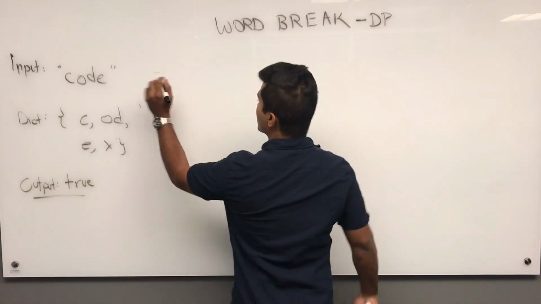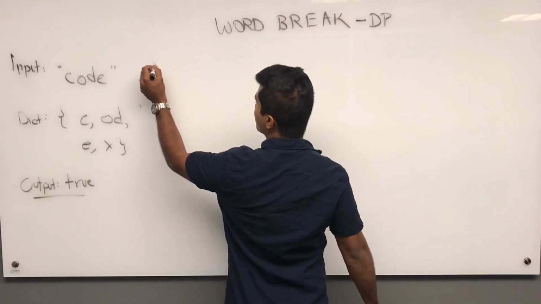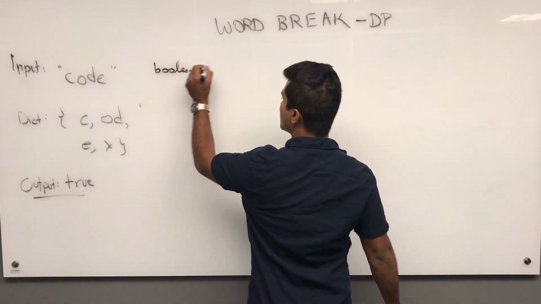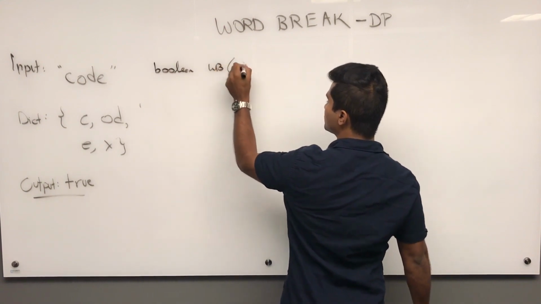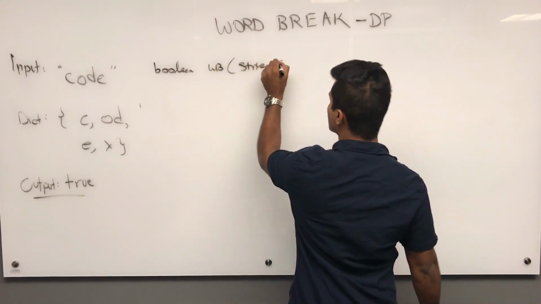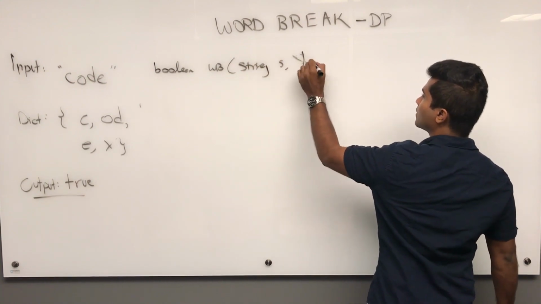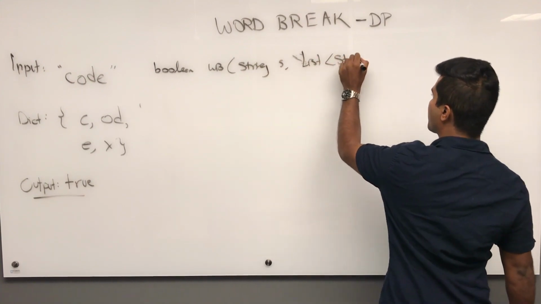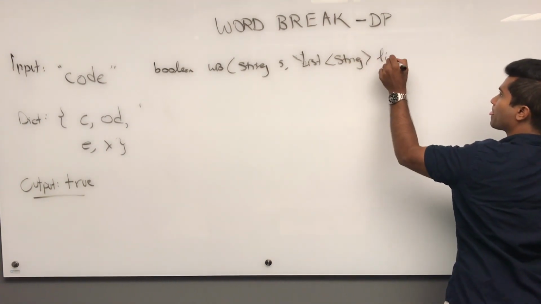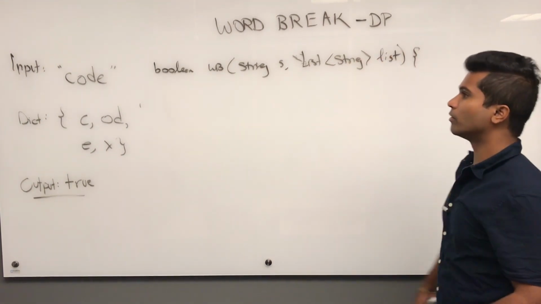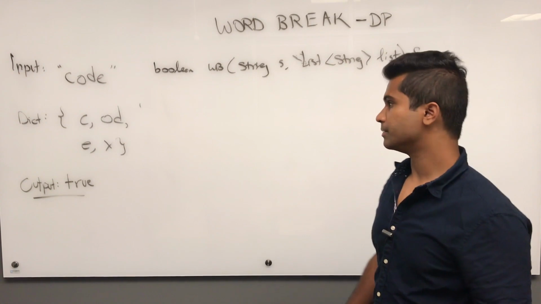So let's say we have a Boolean wordBreak, string S, and a list of strings. I already defined what dp[i] is going to be.